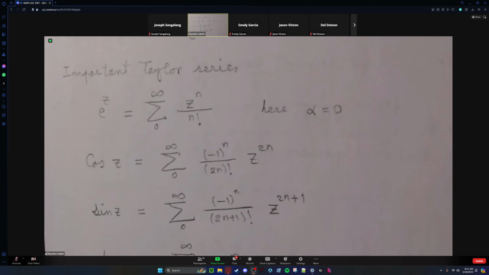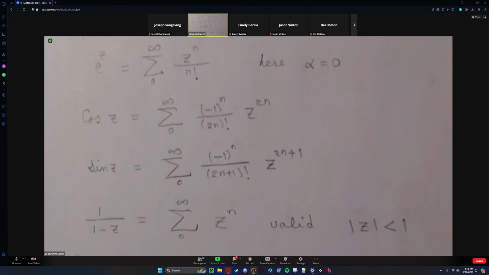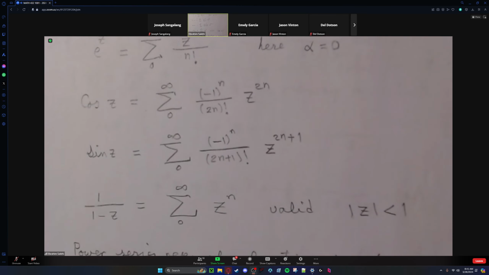And for these three, we don't have any restriction. Those are valid for all values of z. But we have another one called the geometric series. For this one, we need modulus of z to be less than 1. This is the geometric series.